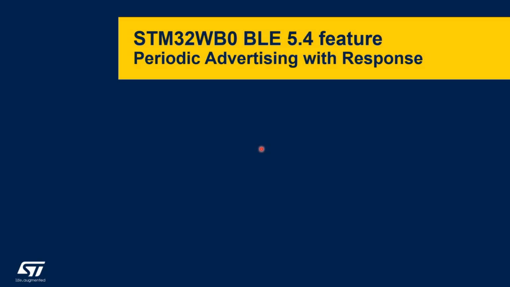So now we'll move into a more advanced feature, which is the periodic advertising with response, which comes from the Bluetooth Low Energy 5.4 specification, and which for sure is supported over the STM32WB0 family.